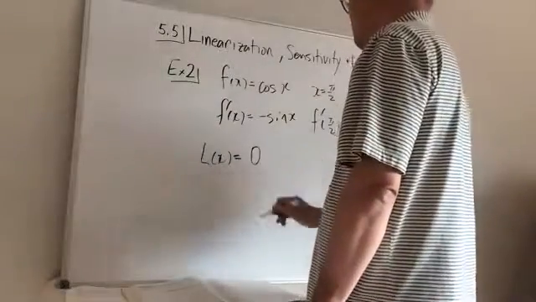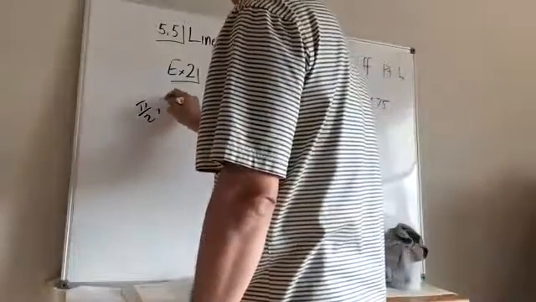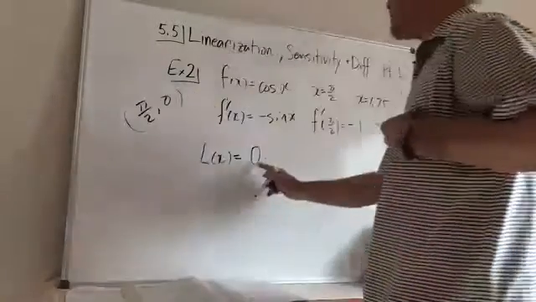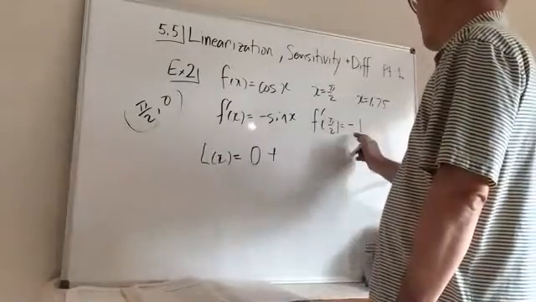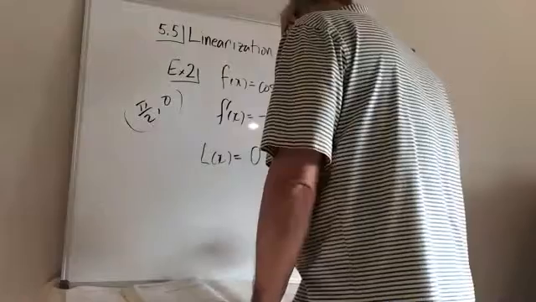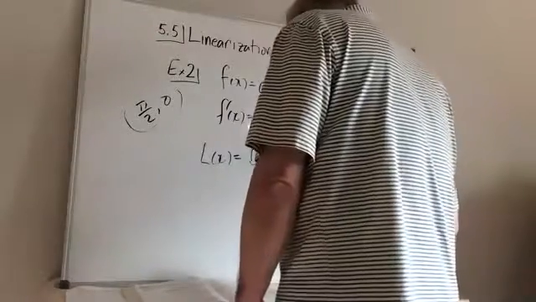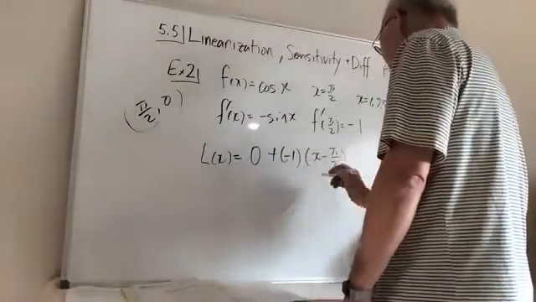So it's 0 here because that is the point the line is going to go through, right? So that's that 0 there, plus this guy here, negative 1, right? Then what do I have? x minus pi over 2, correct?